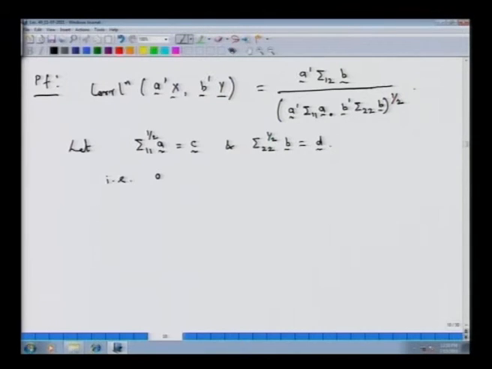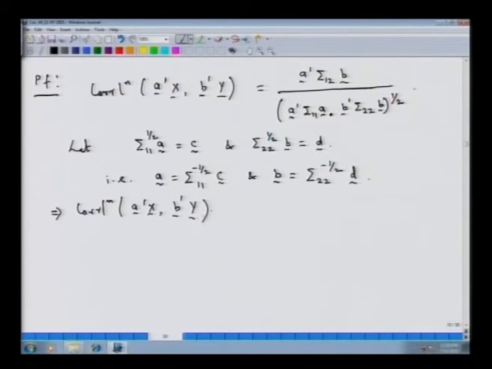That is, our A vector is equal to sigma 1 1 to the power minus half times C, since sigma 1 1 and sigma 2 2 are positive definite. So, this is defined, and B is equal to sigma 2 2 to the power minus half times D. Now, with this notation, the correlation between A prime x and B prime y will have the A's and B's replaced by C and D. What we will have in the denominator is the following.